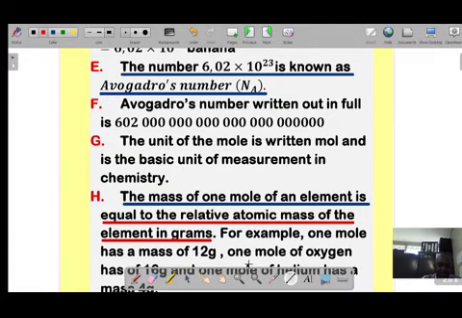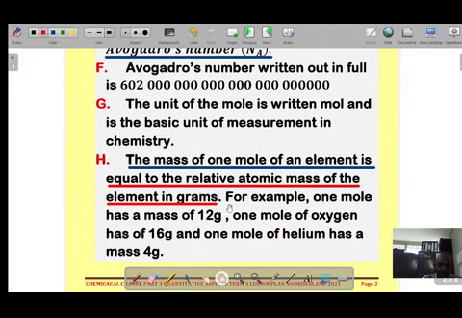For example, 1 mole of carbon has a mass of 12 grams, and 1 mole of oxygen has a mass of 16 grams, and 1 mole of helium has a mass of 4 grams.